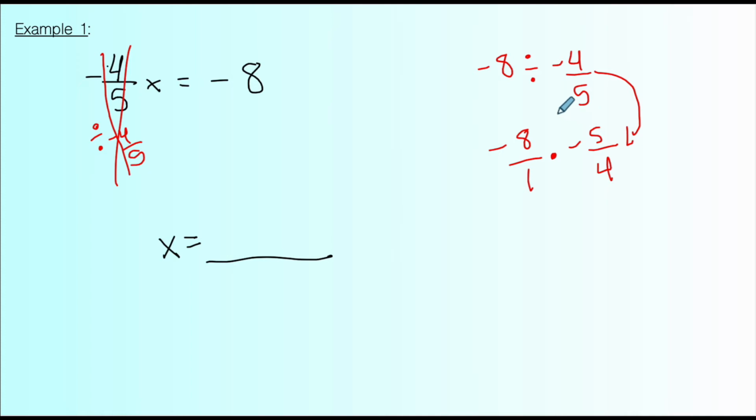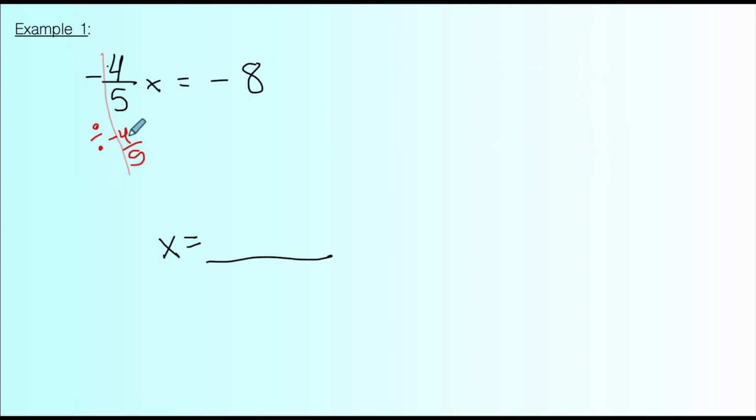So some people will, instead of writing divided by negative 4/5, just write times negative 5/4, because multiplying by the reciprocal of a fraction is the same thing as dividing by a fraction.